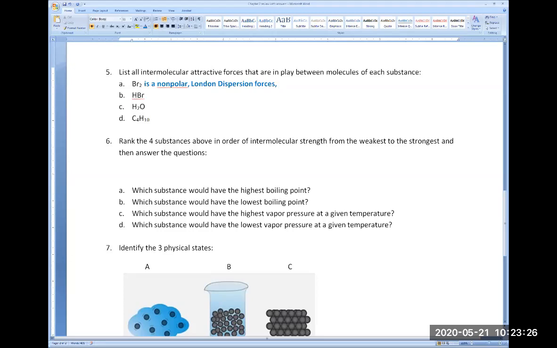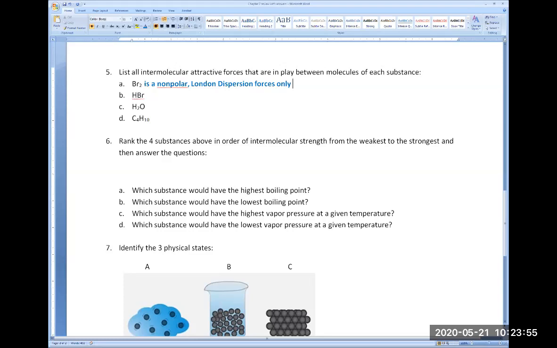Do we have a dipole here in Br2? No, right? So dipole-dipole interactions cannot be happening here between molecules of Br2, because Br2 are non-polar molecules.